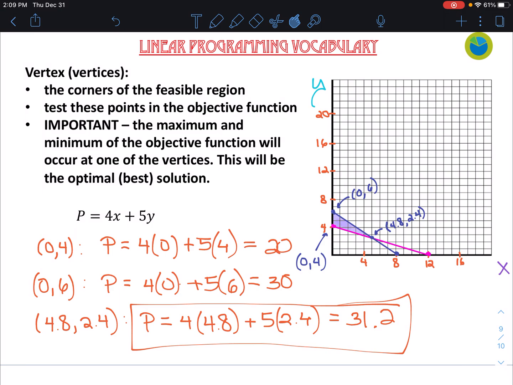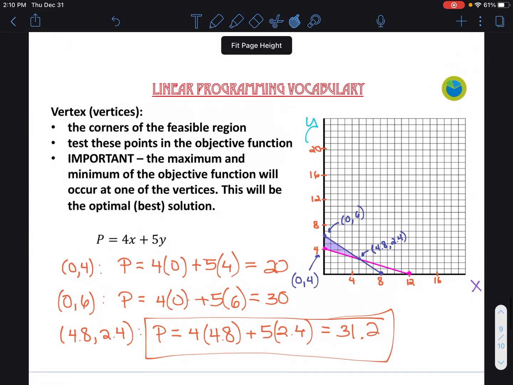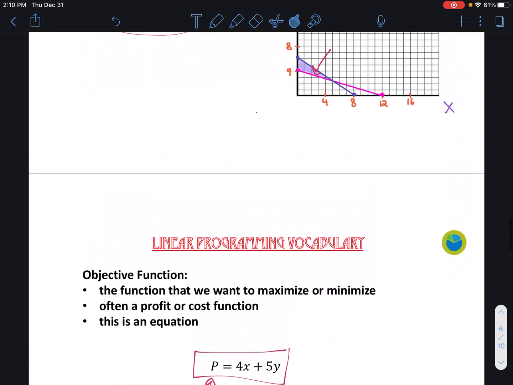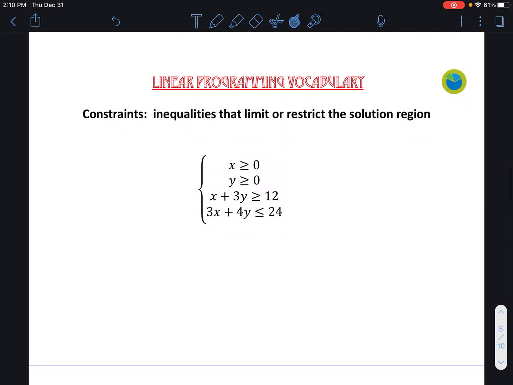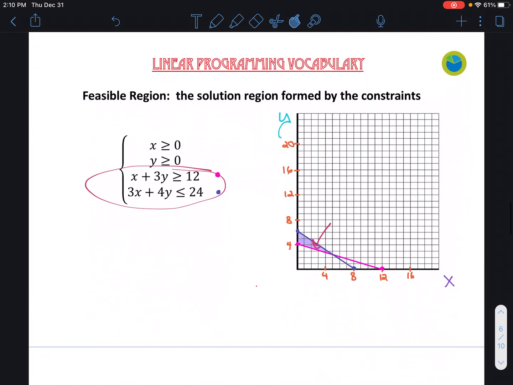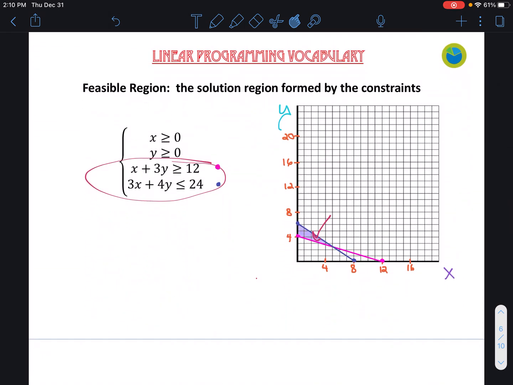So this is how linear programming works. Let's go back through here. You're going to take a problem and write the constraints, or the inequalities. This will probably be the most challenging part, coming up with all the constraints from the word problem they give you. Then you're going to take those constraints and graph them, forming your feasible region.